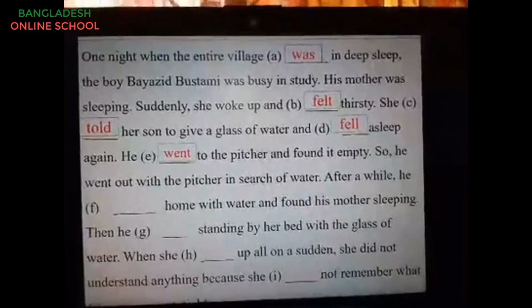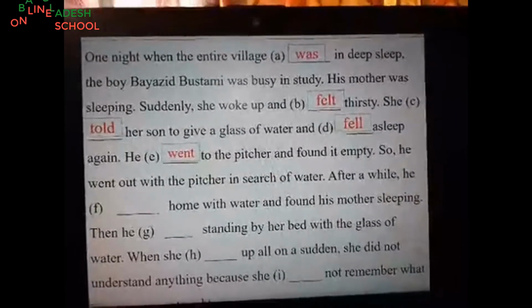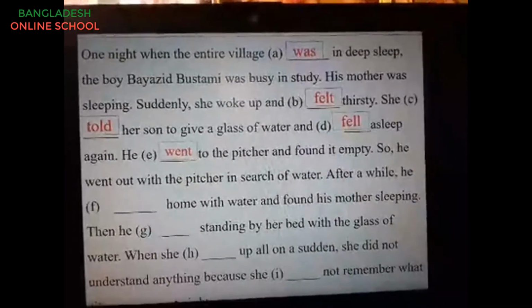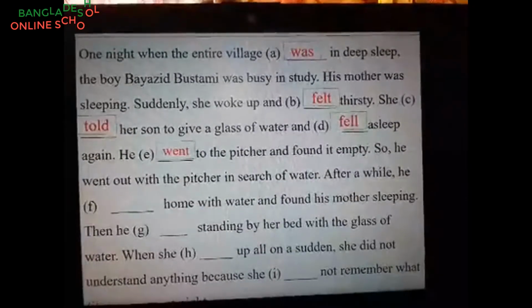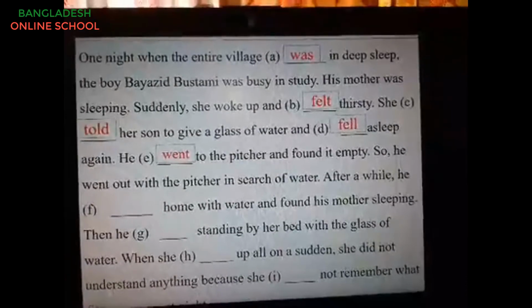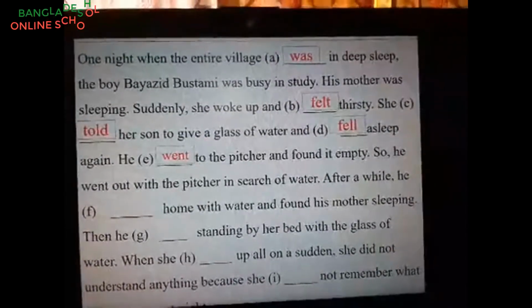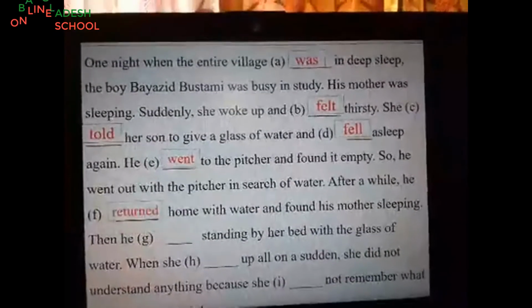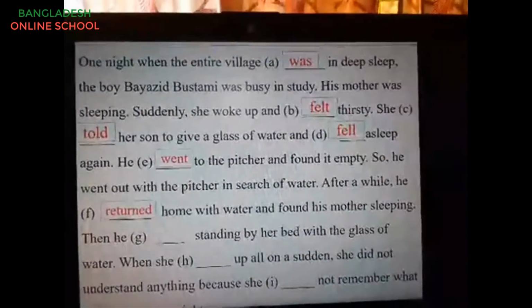So he went out with the pitcher in search of water. After a while, he dashed home with water and found his mother sleeping. So this action happened in past tense. So past verb will be there. So he returned home with water and found his mother sleeping.